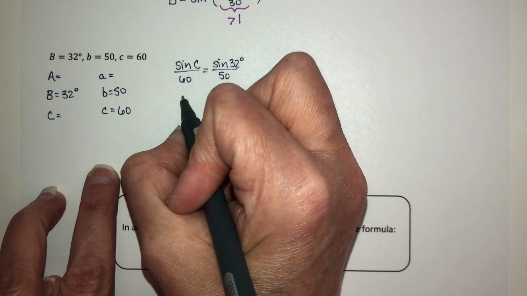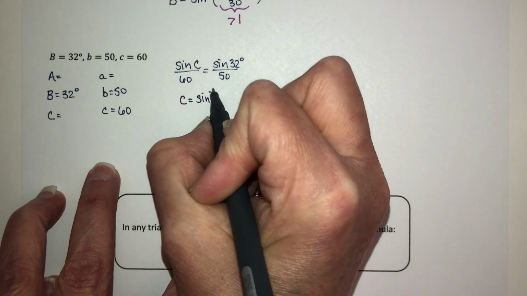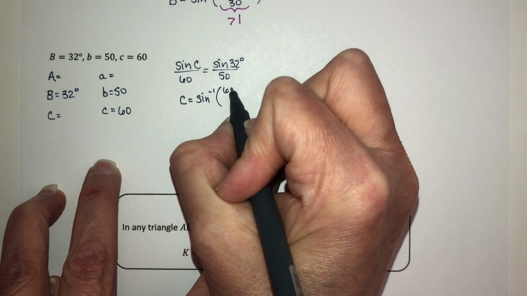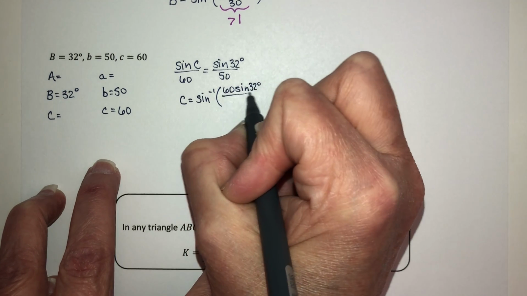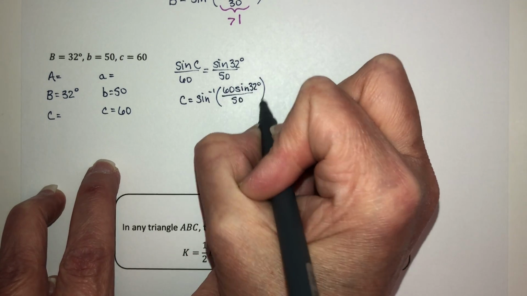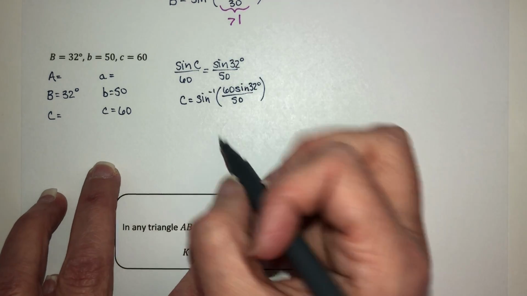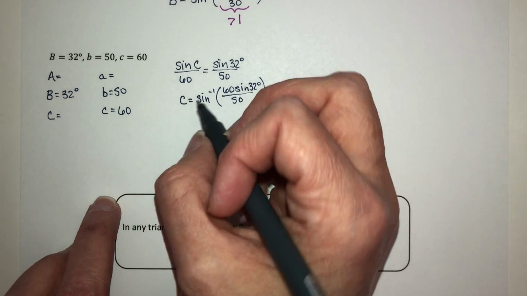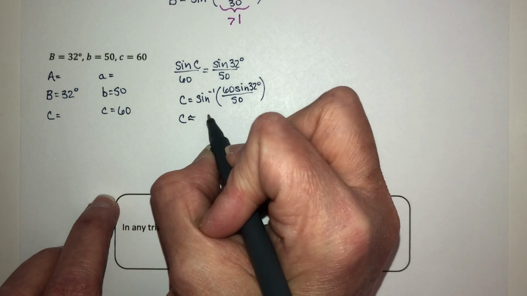So we get C is equal to sine inverse of 60 sine of 32 degrees divided by 50. And you get that your C value is approximately 39.5 degrees.